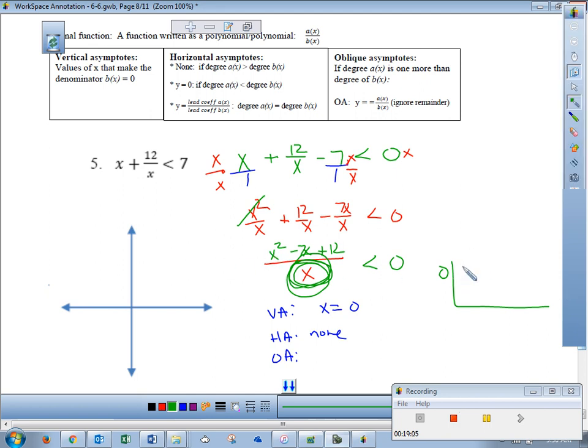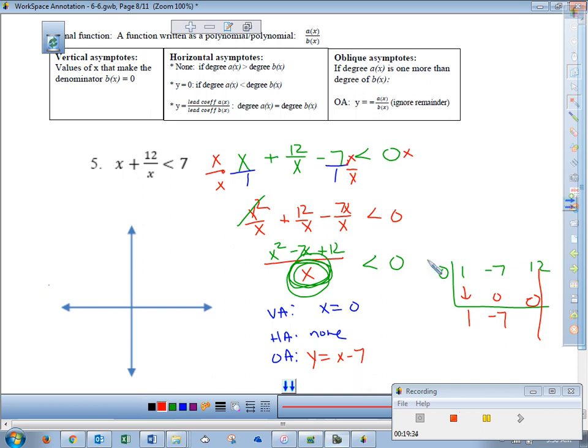You have a 1, then a minus 7, then a 12. 1 comes down. You get a 0, and then you get a minus 7, and then you get a negative 0, and then nobody cares. Where's my oblique asymptote at? y equals x minus 7. Nice?